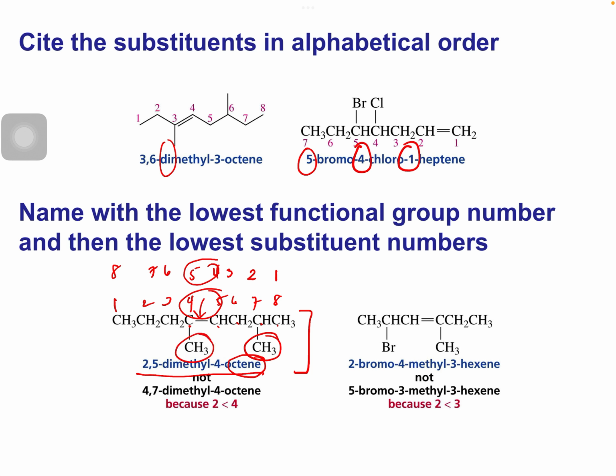So, kung natatandaan nyo pa yung rule natin na yung substituent, kung sino yung una natin ma-encounter, yun yung tamang direction. So, itong CH3, ma-encounter natin siya as 1, 2, so carbon number 2, 3, 4, 5. So, sa carbon number 5, meron kang methyl. That's why here, it became 2,5-dimethyl-4-octene. Okay?